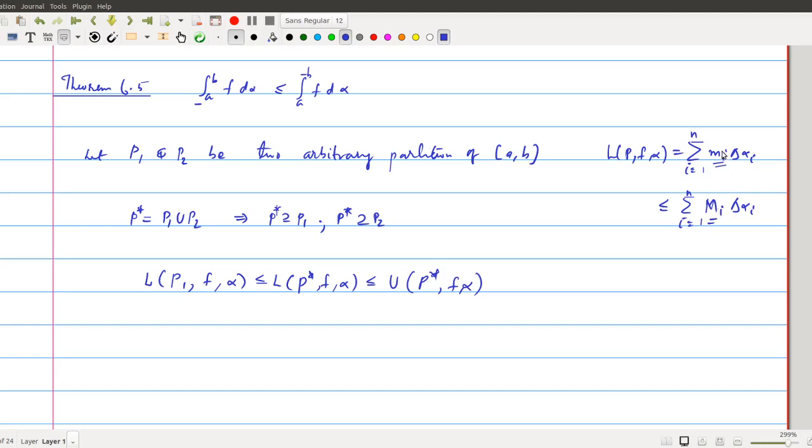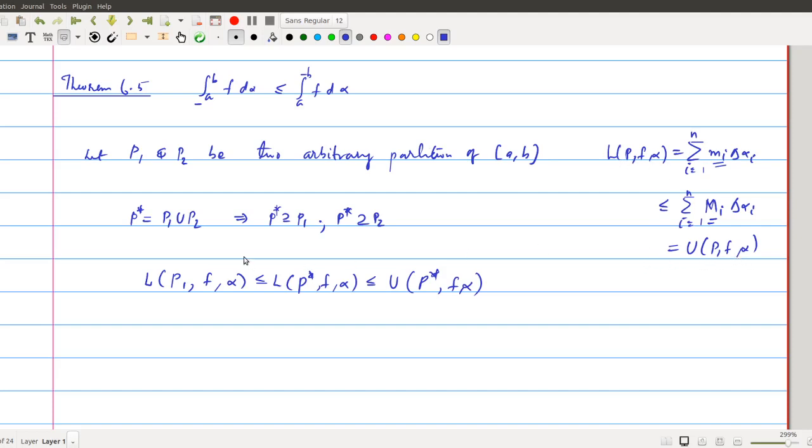So small mi is always less than or equal to capital Mi. This is nothing but the upper Riemann-Stieltjes sum. So we can say that for any arbitrary partition P, L(P, f, alpha) is always less than or equal to U(P, f, alpha).